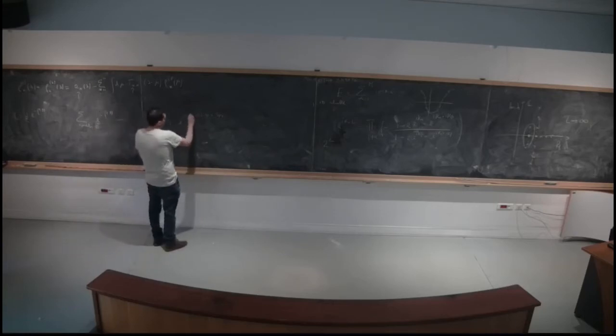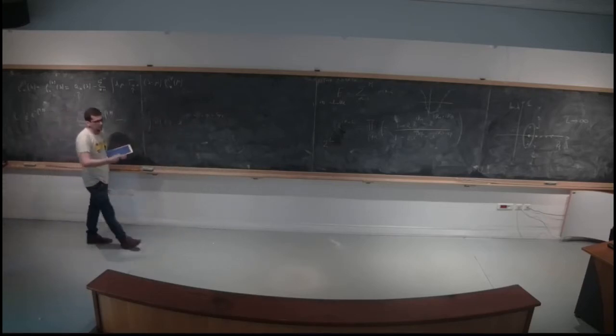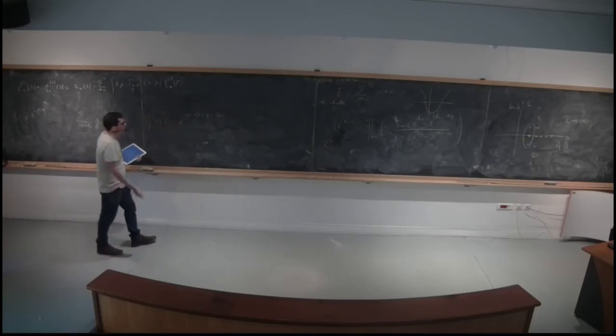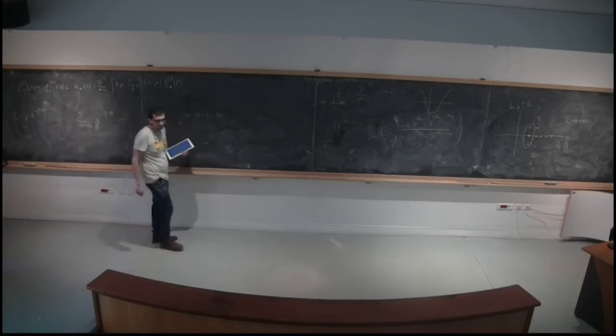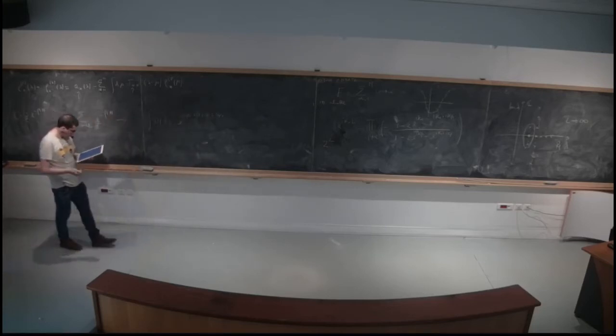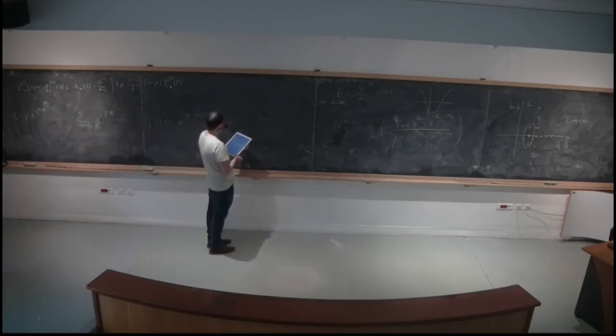The energy is also extensive, so let me put an L here. Then you take the limit of L going to infinity, and you see here you have L, so you do saddle point. You can do it, and if you do it, you get these equations.